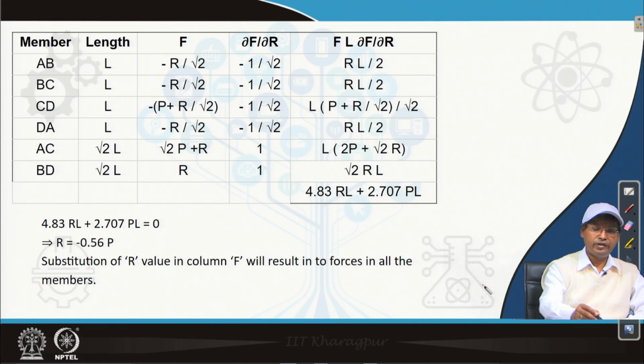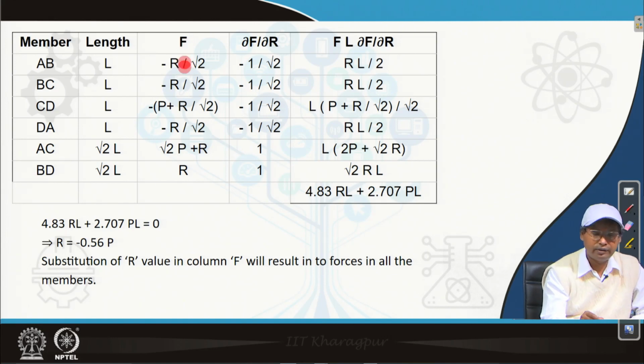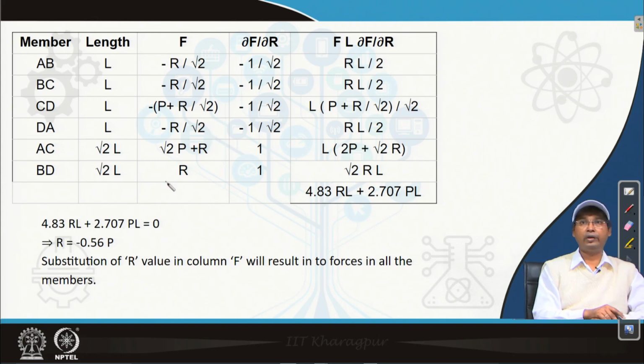The components F del F by del R and F L del F by del R are all calculated. These loads you can easily find out, though I have not elaborated them. You find them by considering the member force R and external force P. You should solve the problem yourself; that portion is kept here.